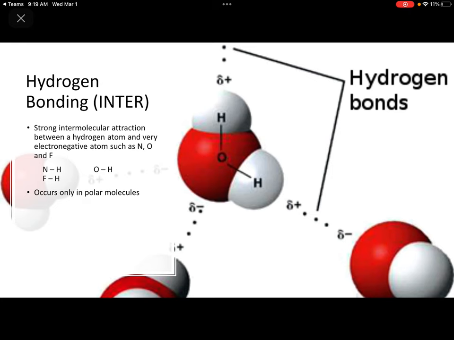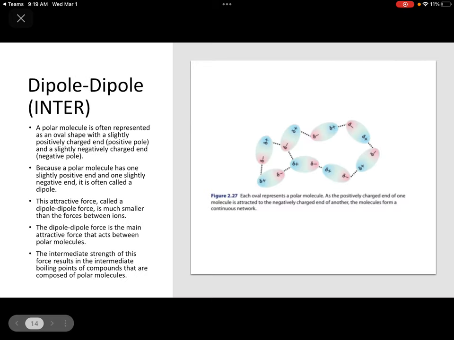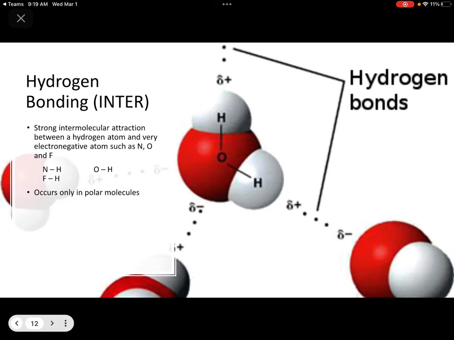So first is our hydrogen bonding. This is an intermolecular attraction, and it is only between a hydrogen atom and these 3 types of atoms: nitrogen, fluorine, and oxygen. That's the only time you'll ever see a hydrogen bond.